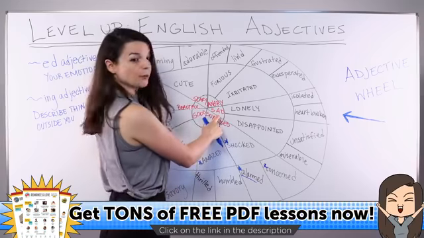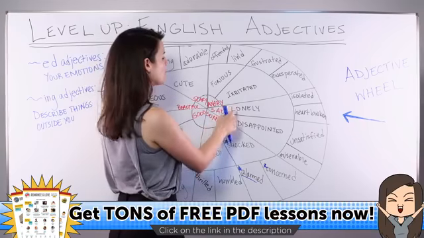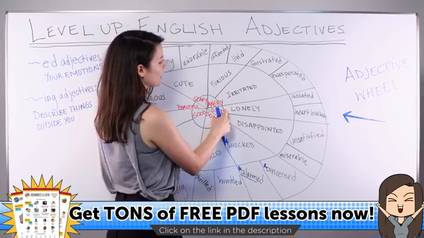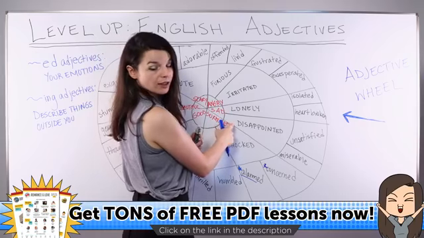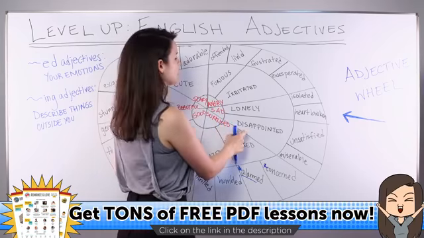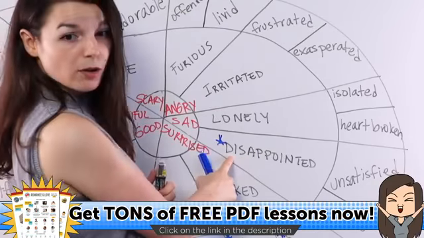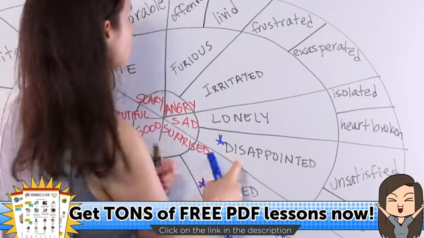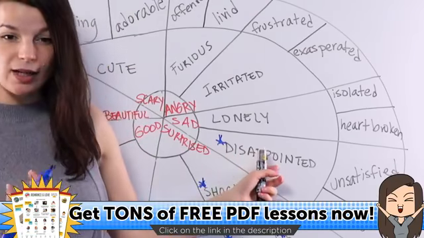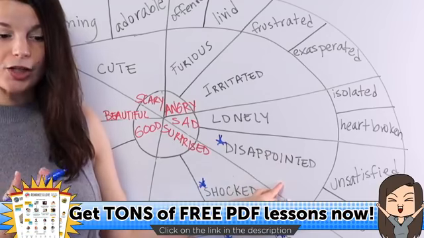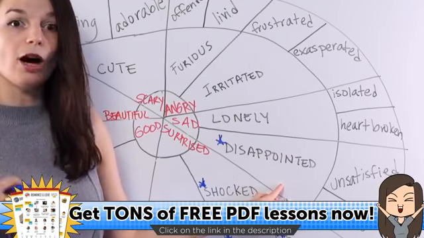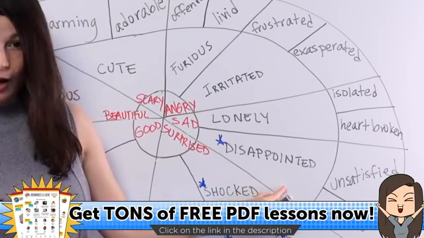Sad is our base adjective. I broke it into two feelings, lonely and disappointed. Disappointed, we can use with an ing form, disappointed or disappointing. With this one, we have some kind of expectation, and the thing we thought was going to happen did not happen.